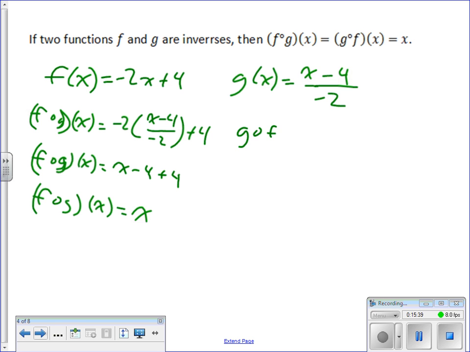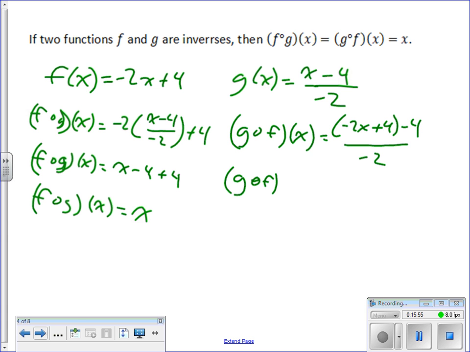G composed of f of x is equal to negative 2x plus 4 minus 4 over negative 2. G composed of f of x is negative 2x over negative 2. G composed of f of x equals x.